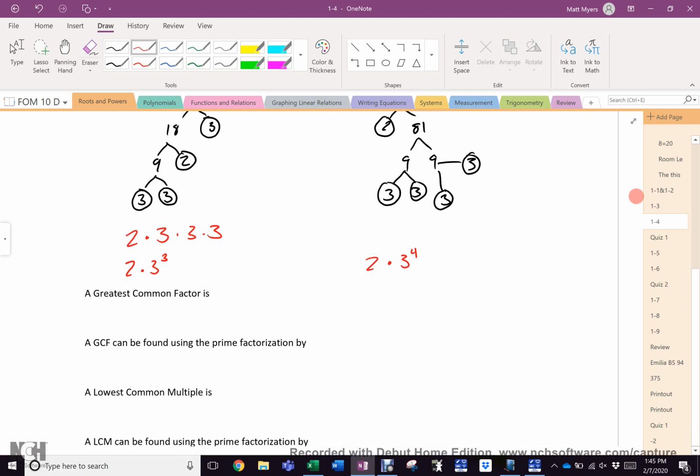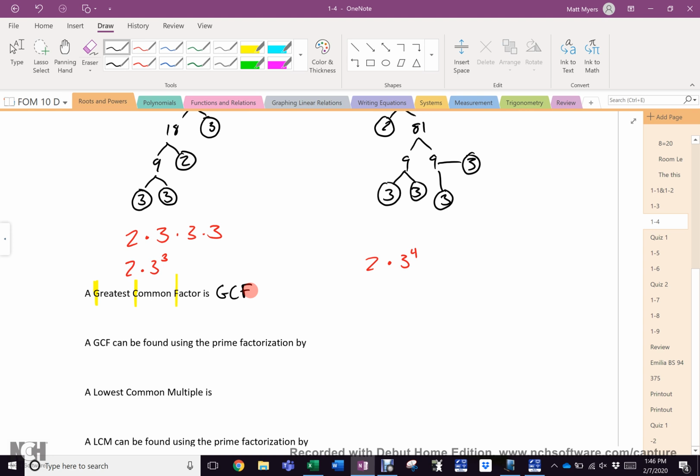The first thing we're going to use it for is to find a greatest common factor, or GCF. This is extremely important in making math simpler and easy to work with. When we use greatest common factor is when we are simplifying fractions.